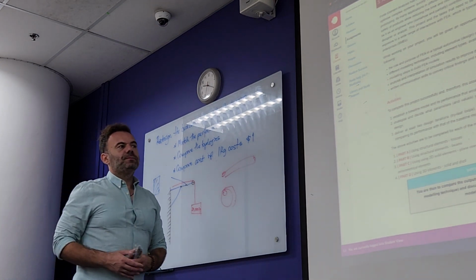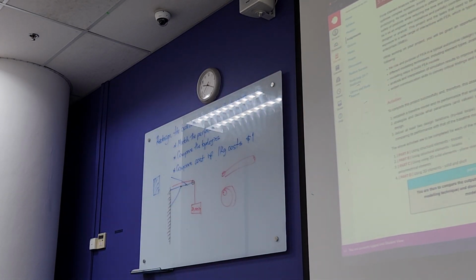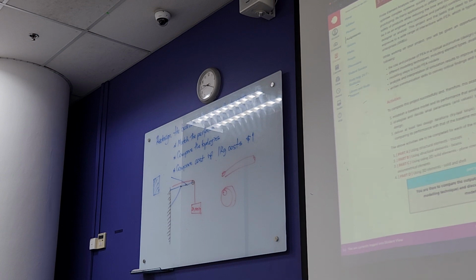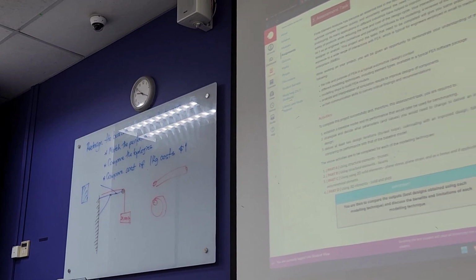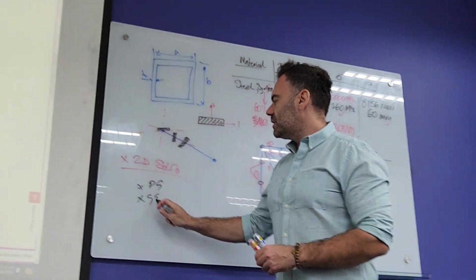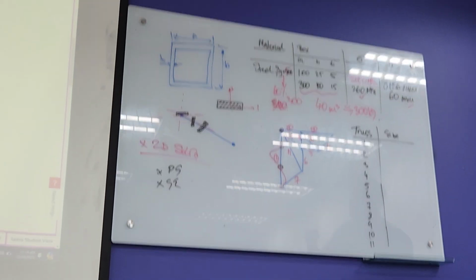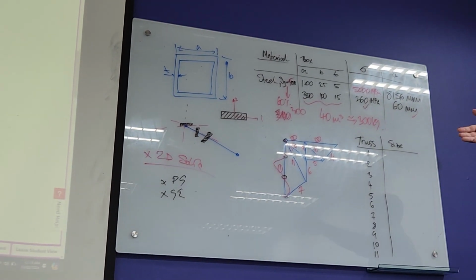So, when it comes to 2D solid, look, I can't yell anymore. When it comes to 2D solid, you got 2 options: plane stress or plane strain. You have to choose the one appropriate to your problem.